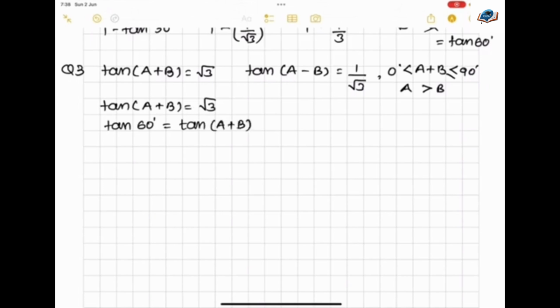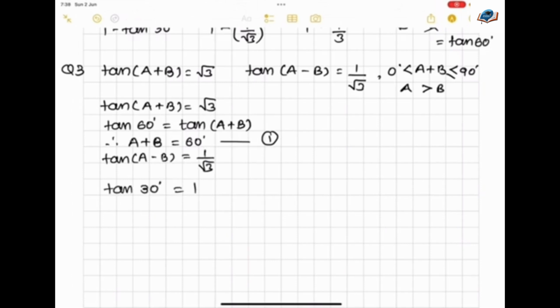So I can write tan 60 equal to tan A plus B. So A plus B equal to 60 degree. So that I am giving as number one. Now tan A minus B equal to 1 upon root 3. So again I can say that tan 30 degree equal to tan A minus B. So A minus B will be 30 degrees. So that is number two.